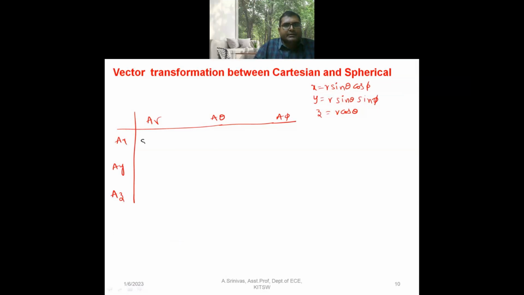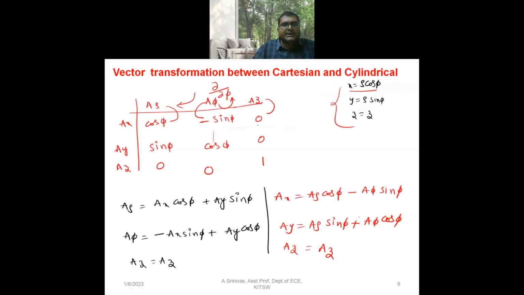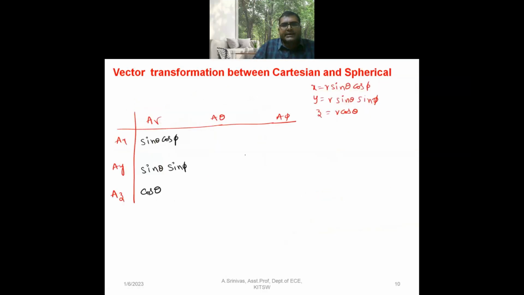The xr relation is sin θ cos φ, the yr relation is sin θ sin φ, z is cos θ, and the relation of Ax, Ay with Aφ is already derived: minus sin φ, cos φ, 0.